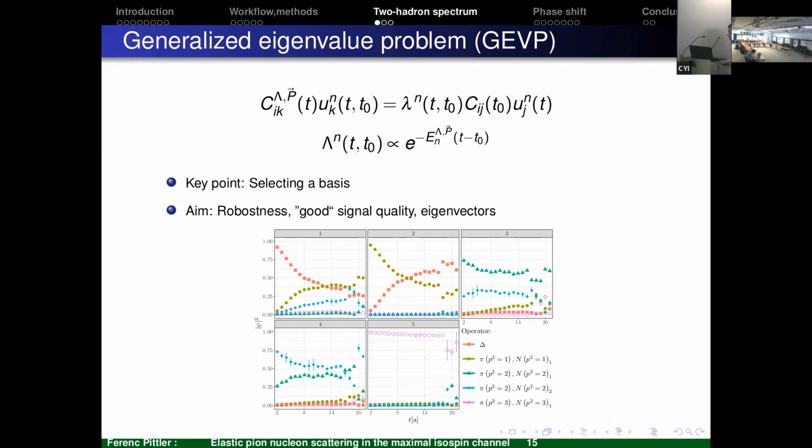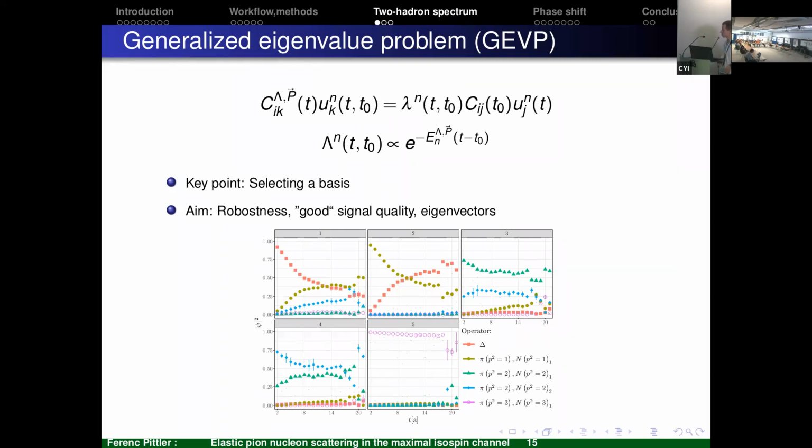In order to get the ground state from this kind of correlation matrix, the usual way is to follow the so-called generalized eigenvalue problem, where you have the so-called principal correlator times an eigenvector times the correlation matrix itself.